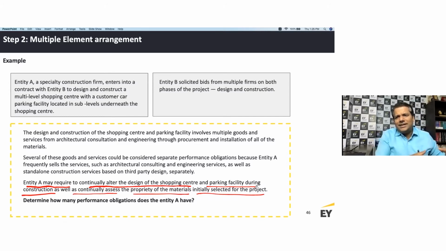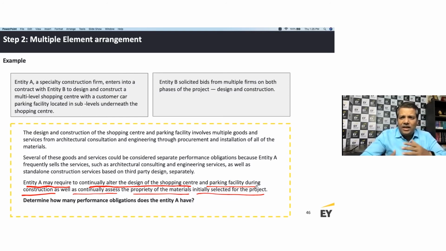So what this is essentially suggesting is that the design and construction are closely interrelated. The one cannot stand without the other. I, as a customer, may not benefit from the design alone without having the end product in place, which is being promised through the design.